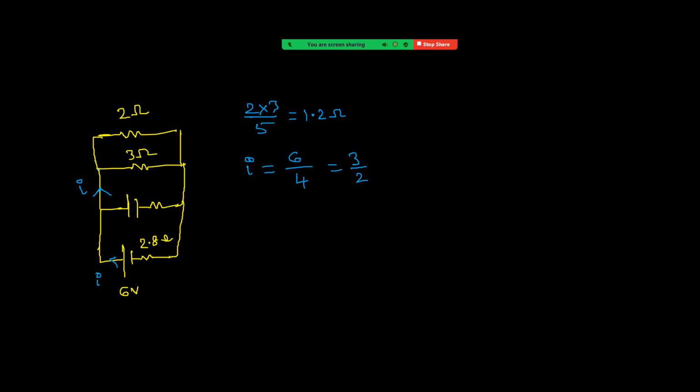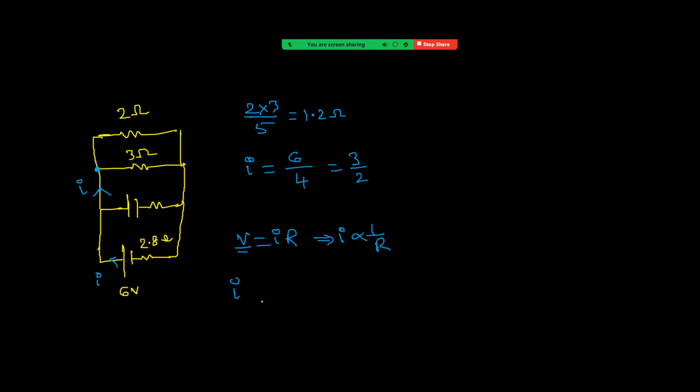Okay. Once that current reaches this junction, the current divides because they are in parallel combination. So V equals I into R, and V is the same for both. Therefore, I is proportional to 1 by R, right? We want to find the current through the 2 ohm resistor.